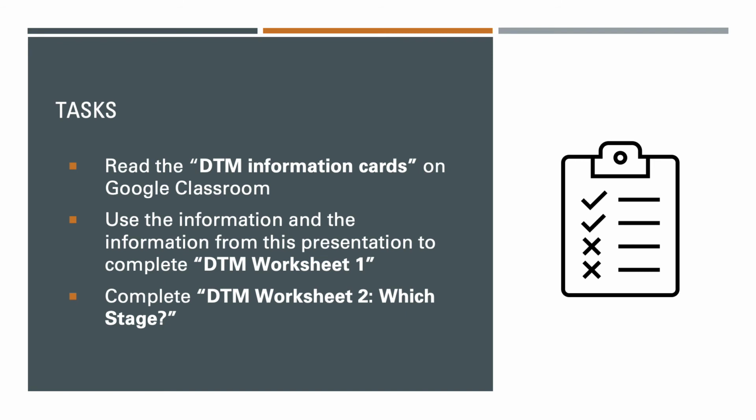Okay, your next task after that then is read the DTM information cards on your Google Classroom, and use the information to complete the DTM Worksheet 1. When you've done DTM Worksheet 1, you can have a go at doing DTM Worksheet 2. Okay, so that's your first set of tasks really.